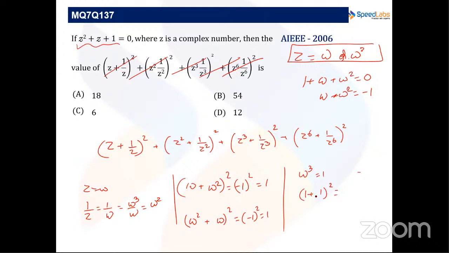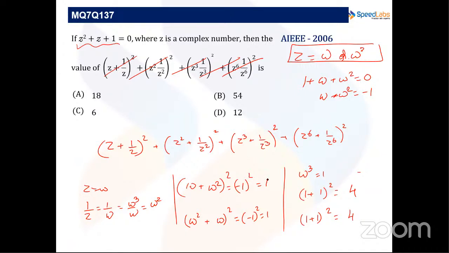So we would be getting 2 to the power 2, that is 4, and z to the power 6 will be again 1, so that will be again 4.